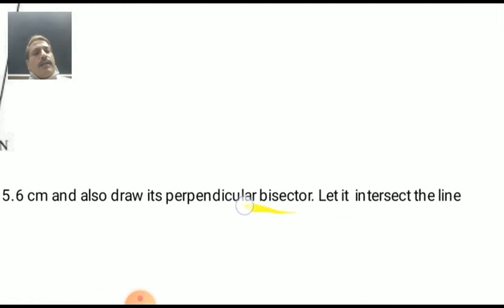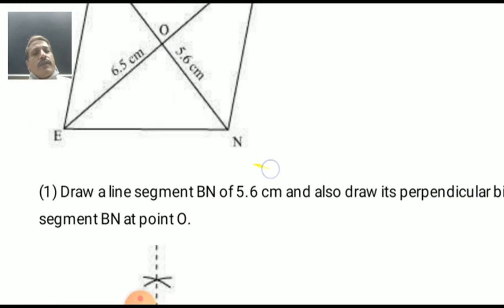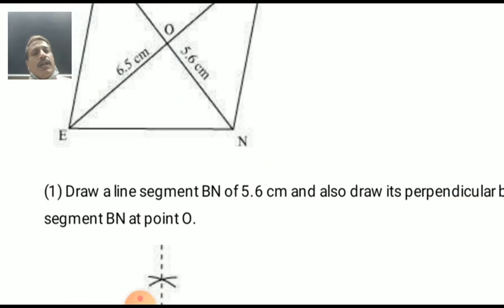Let it intersect the line segment BN at O. Perpendicular bisector is a new word here, which always cuts a given line segment exactly in two parts. See, the shape and direction may change, but the measurement remains the same.